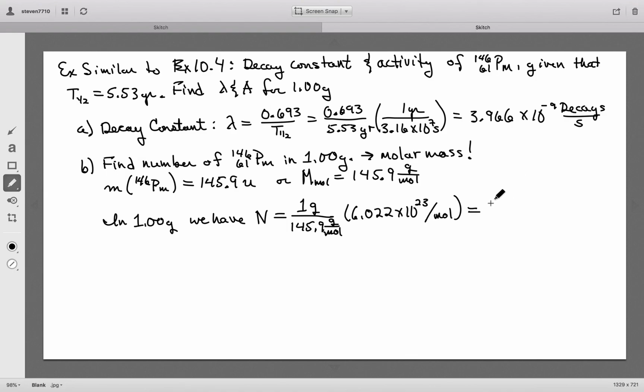That comes out to be 4.1275 times 10 to the 21 nuclei of promethium-146. Okay, we're almost there.